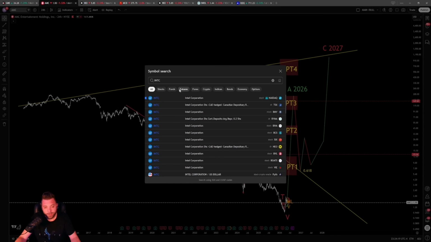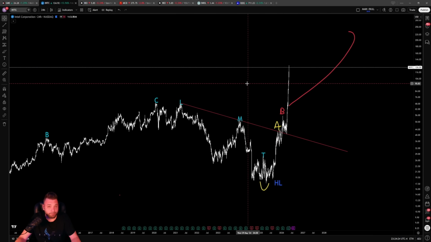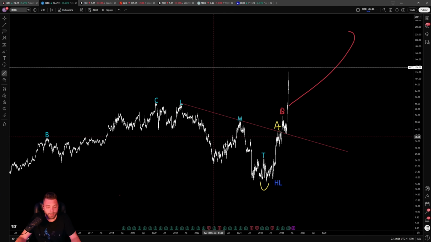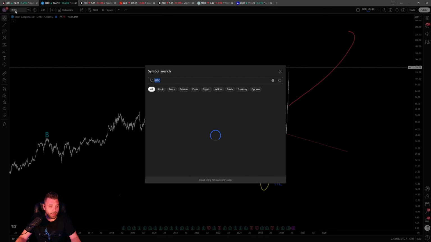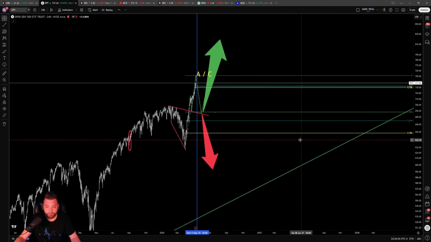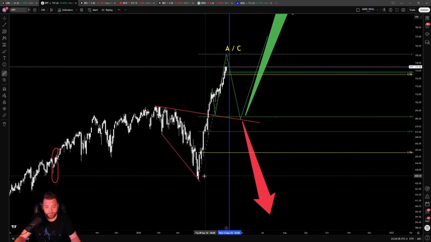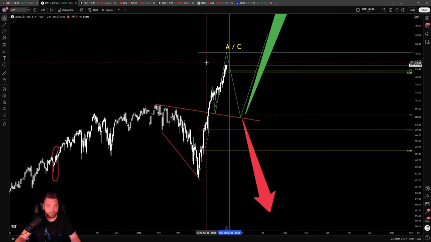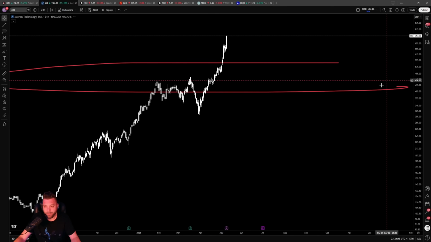Just explain to me, why is it possible for Intel now? Because here low, there 600%. Same for SPY. We never saw something like this. Also possible. Why is it possible for MU?